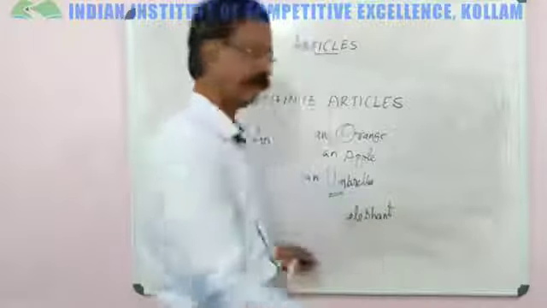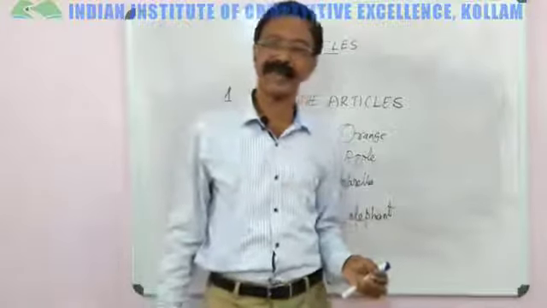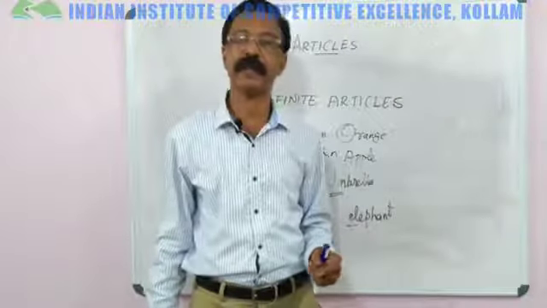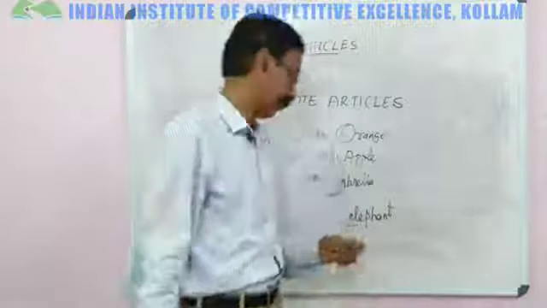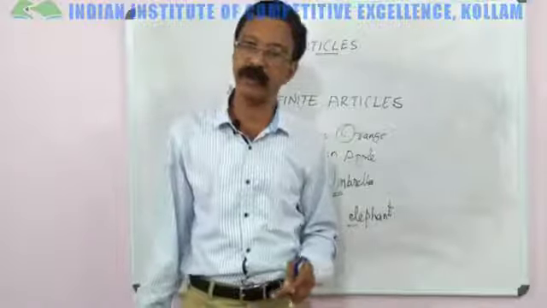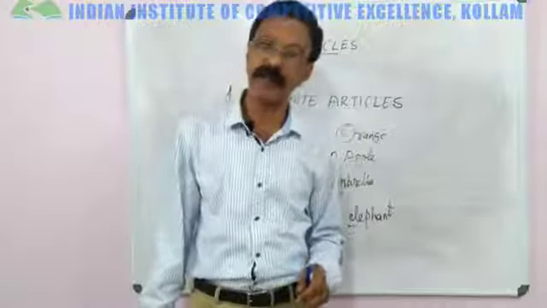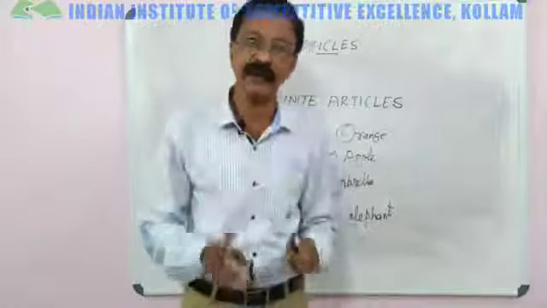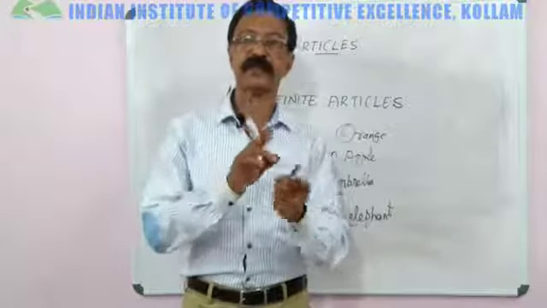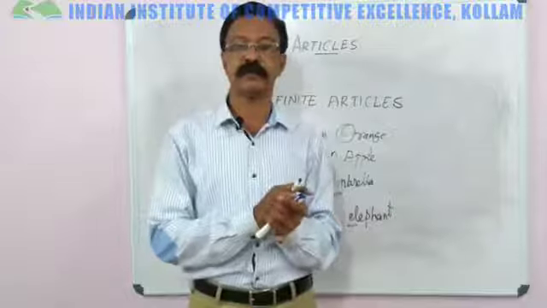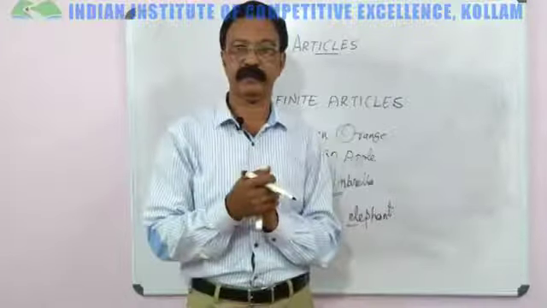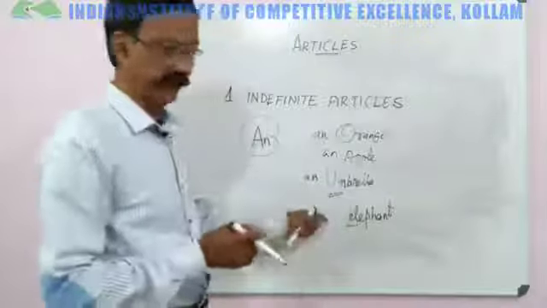E is the first letter, the first alphabet. The pronunciation is elephant. So E is the alphabet, E is the sound, E is the vowel sound. So whenever there is a vowel sound as the starting sound of a noun, an is used. An elephant. I hope it is clear.